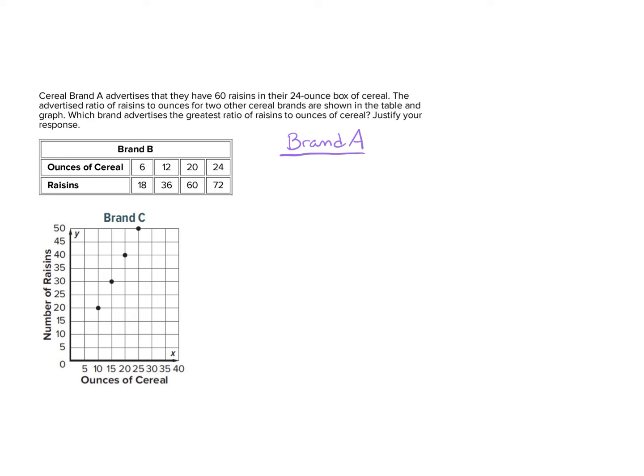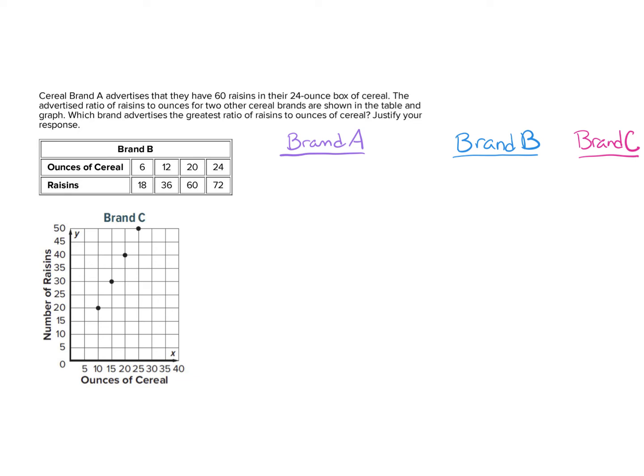We'll do different colors so we can tell the different brands from each other. You can set that up on your paper as well.